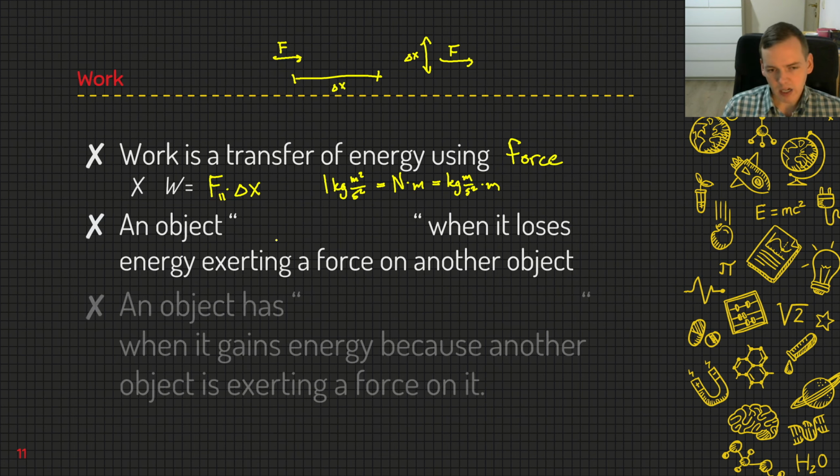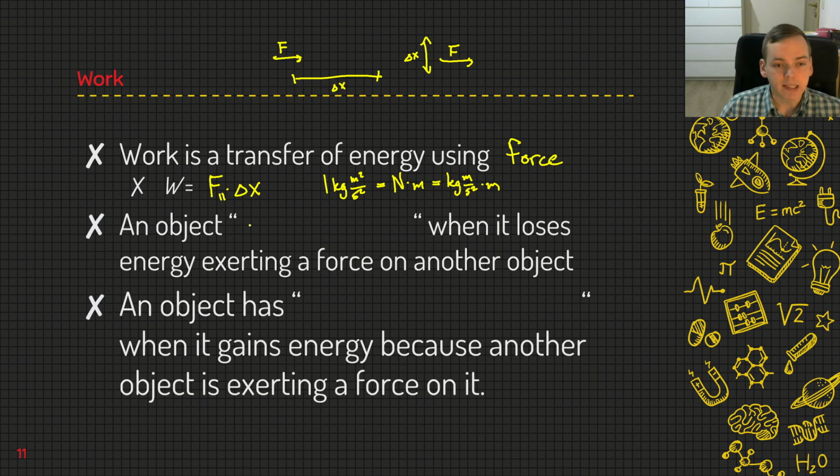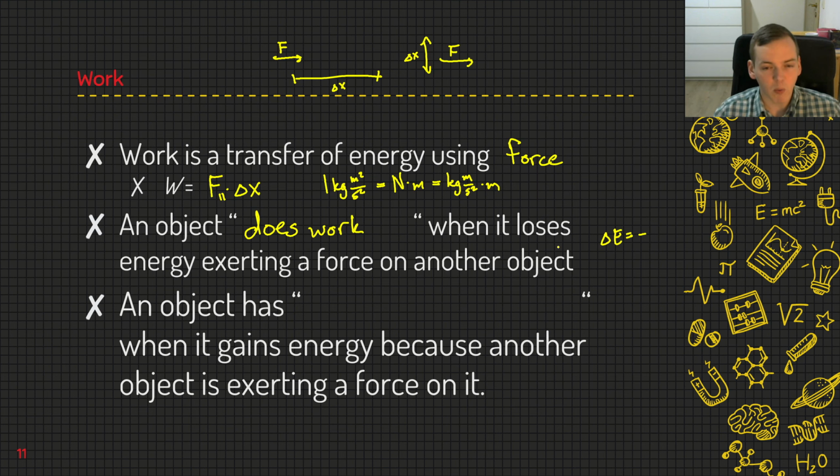So now we want to talk about the way we phrase things with this. If I say an object does work, that means it's losing energy exerting a force on another object. Its delta E should be negative. So if an object is pushing something else and doing work on that other object, this first object is losing energy.